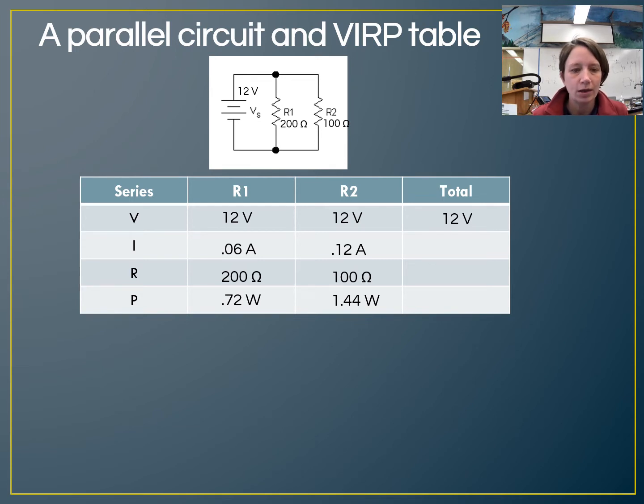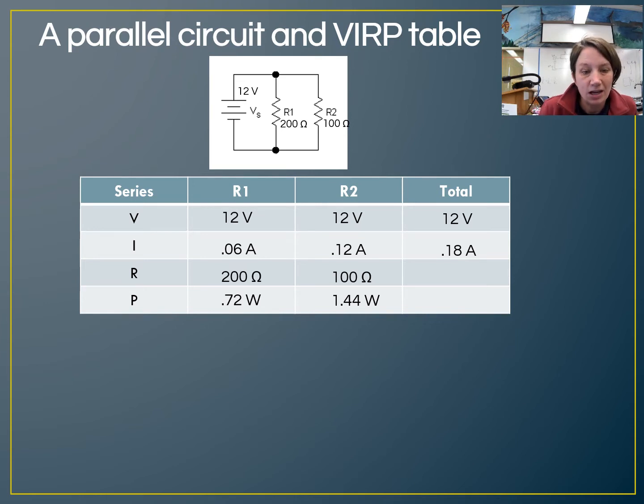And what I think about is if 0.06 amps of current are going through R1 and 0.12 amps of current are going through R2, how much current had to kind of come into that junction to make that happen? Like, how do I get that many electrons through those guys? What had to come in so that I could break it into those two parts?